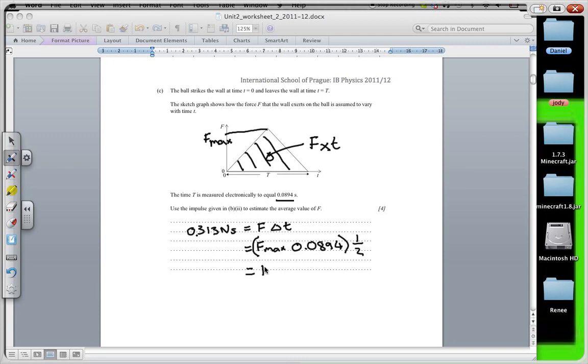When we work this all out, we get our force maximum works out to be 7 newtons.